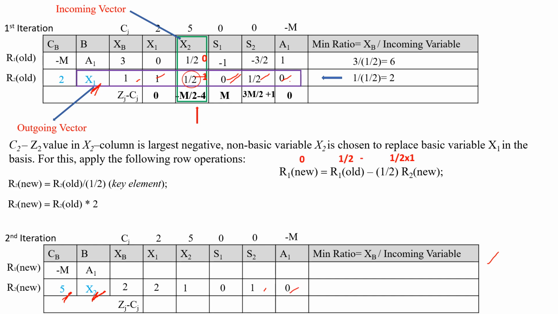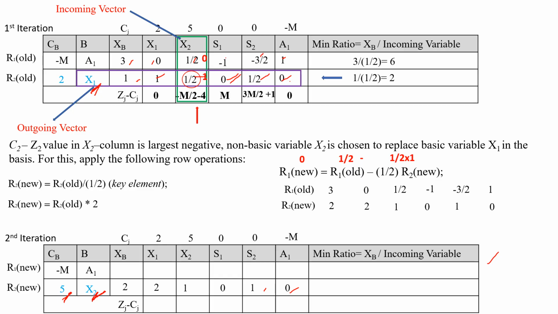So the next row operation is R1 new equals R1 old minus 1 by 2 into R2 new. So first we have to observe the R1 old elements. R1 old elements are 3, 0, 1 by 2, minus 1, minus 3 by 2 and 1.